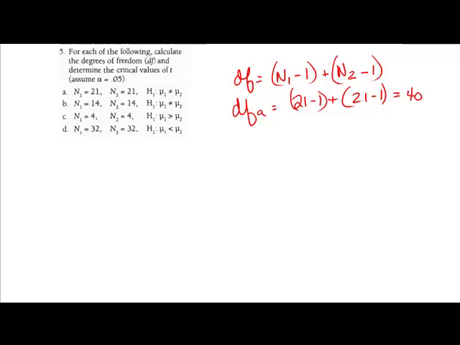If you want the t table, it's not table 1, it's not table 2, come on, it's table 3 on page T18 of your textbook. 40 degrees of freedom for 0.05 significance in a two-tailed test.